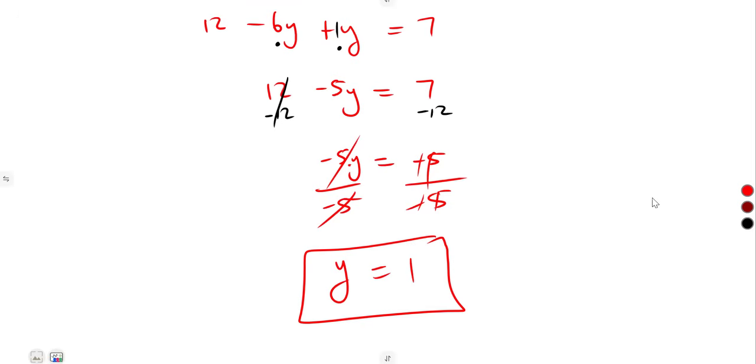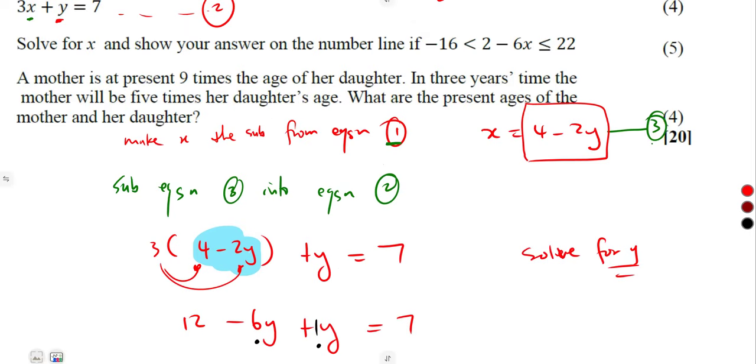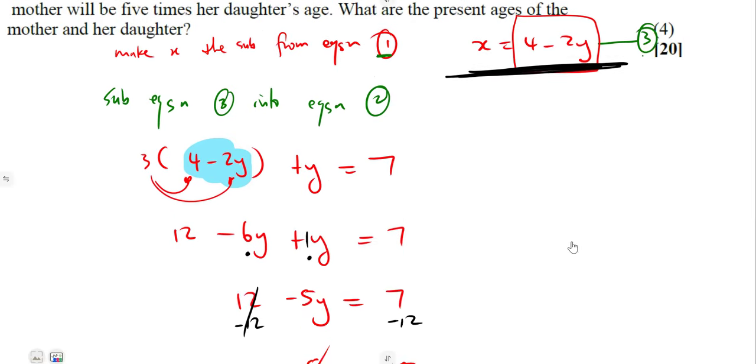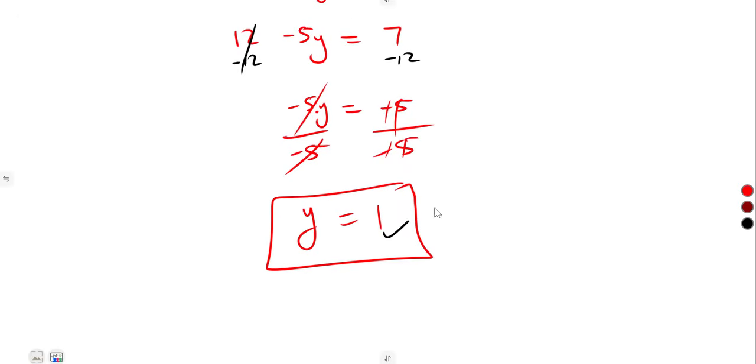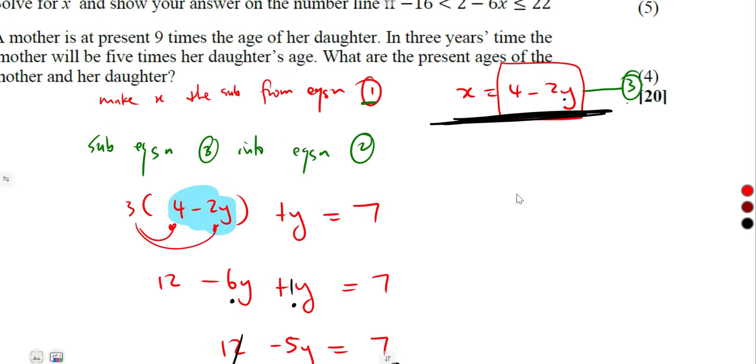So this is it. You can simply play around. With this value of y, you can find the value of x. Remember equation 3, we already made x the subject of the formula. So if y is equal to 1, then substitute in place of y. So x is going to be 4 minus 2 times 1.